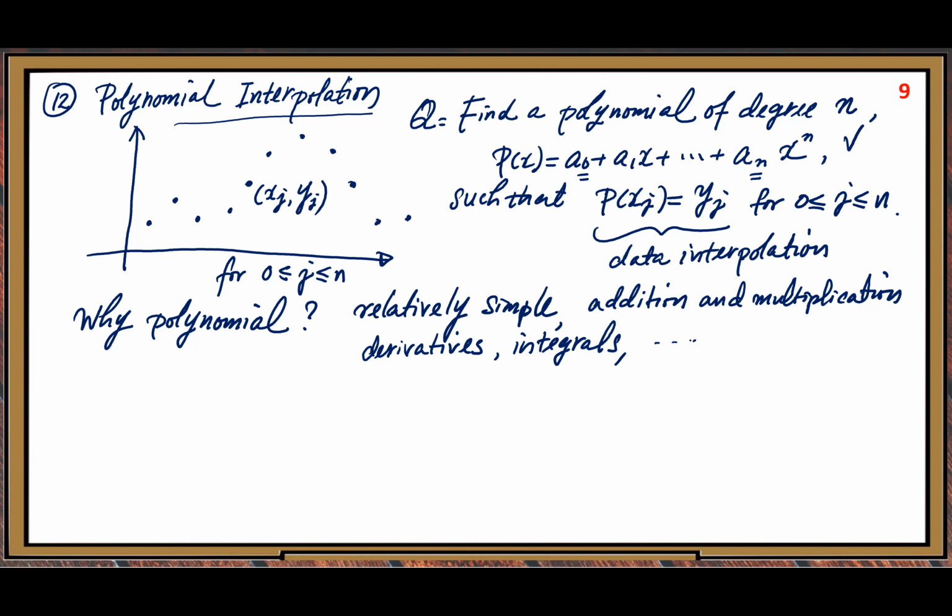And another thing I mentioned before, flexibility, right? Polynomials also provide us flexibility because for any number of points, anywhere on the plane, we can always find a polynomial passing through all these points.